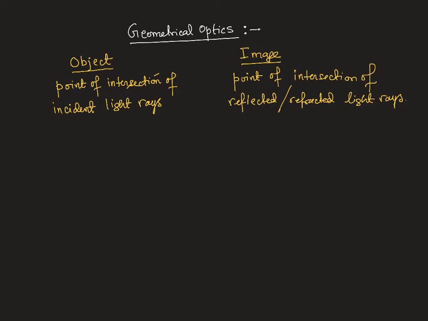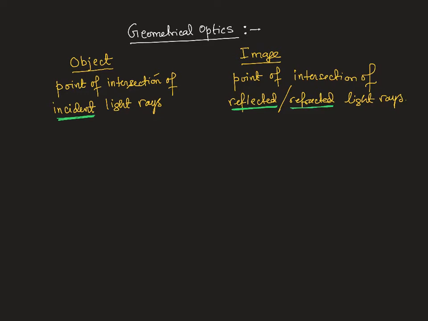I mean, the point where the reflected light rays meet, that is the image, and the point where the incident light rays meet is the object. For the lens, the point of intersection of the refracted light rays is the image.